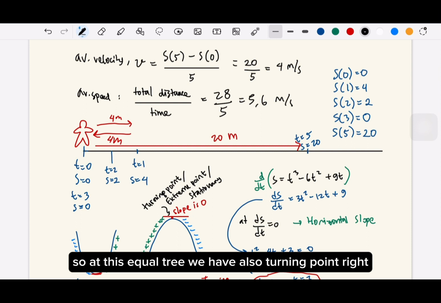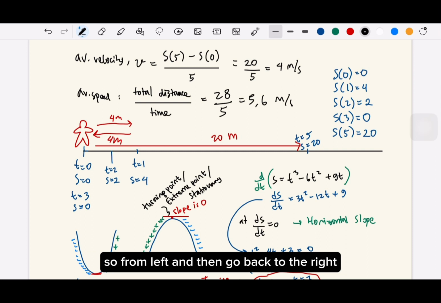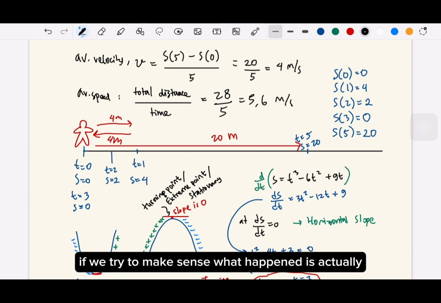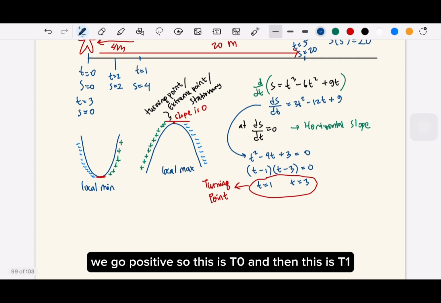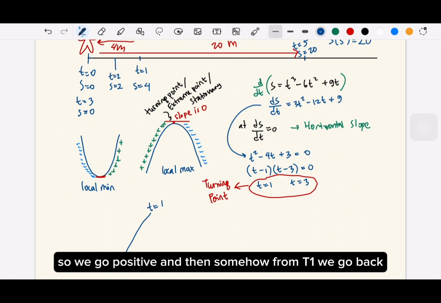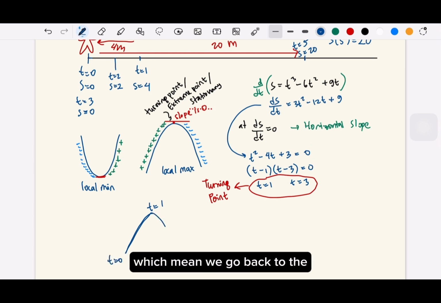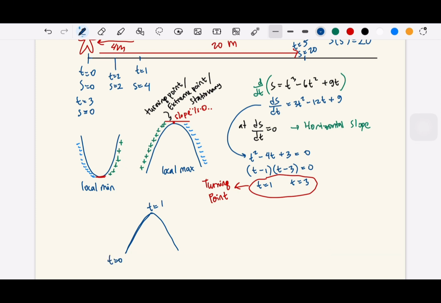So at t equals 3, we also have a turning point, right? So from left and then go back to the right. If we try to make sense of what happened, first we go positive. So this is t0 and then this is t1. And then from t1 we go back, which means we go back to 0.